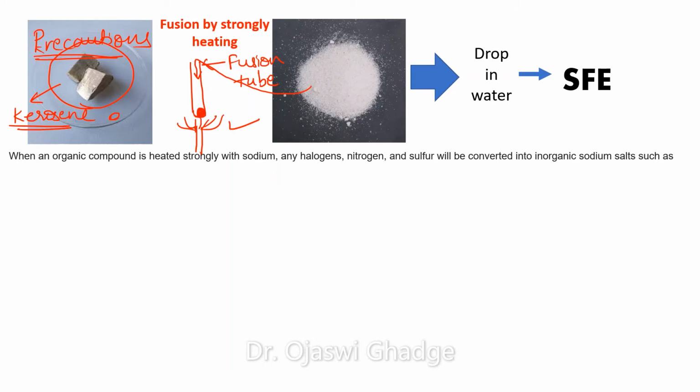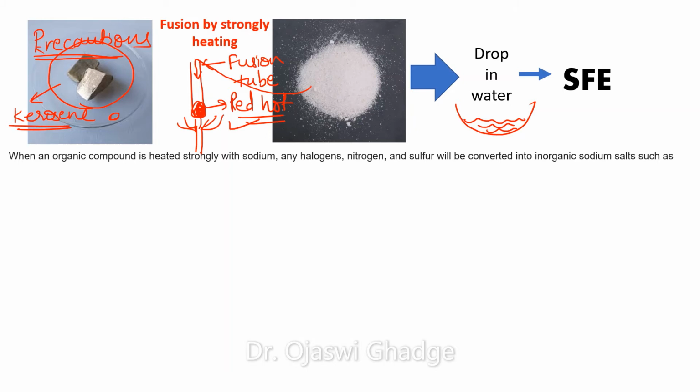Now after a few seconds, this whole mixture turns red hot. As soon as this happens, I can drop this sodium fusion tube in a china dish having a little amount of water in it. It will break as soon as it falls into the water.